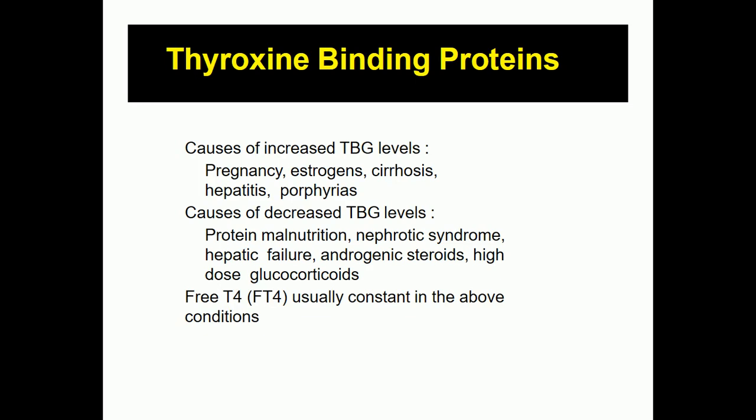The level of thyroid binding globulin is elevated it may be due to pregnancy, or due to estrogens, which are the female sex hormones that control the secondary sexual characters of the female, while in case of liver cirrhosis, hepatitis and porphyrias.